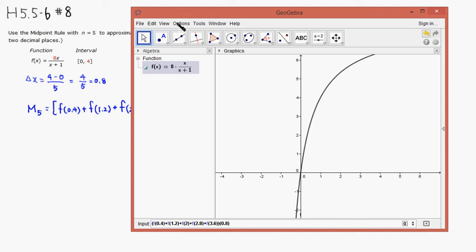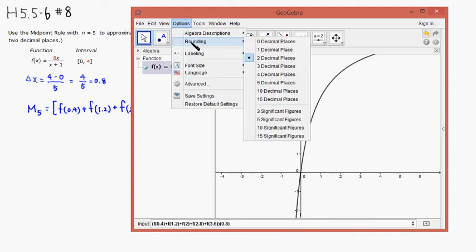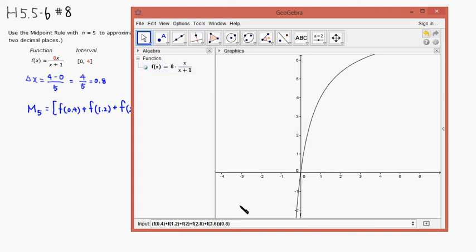Then we want to see 2 decimal places, so it said that. Okay, then we just have to hit enter.